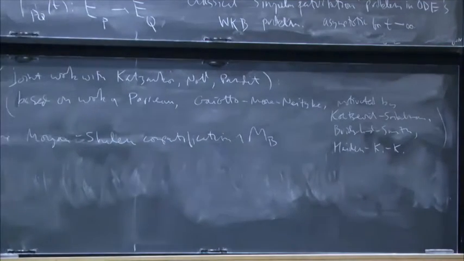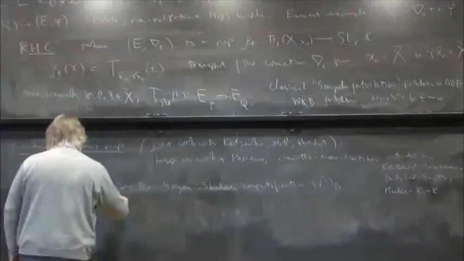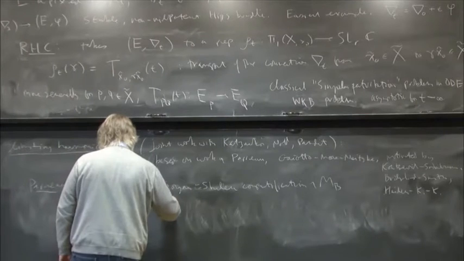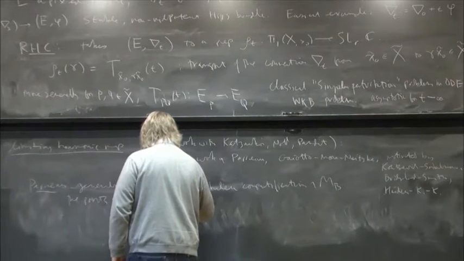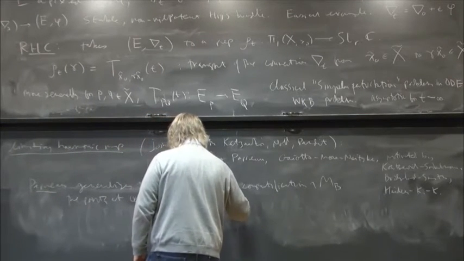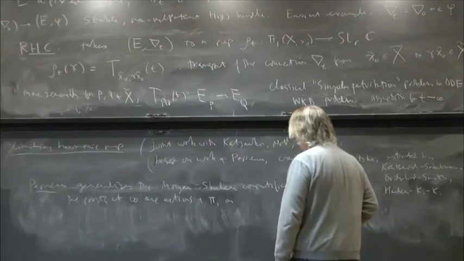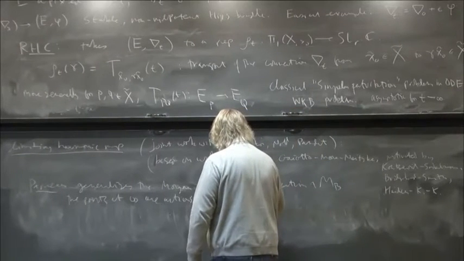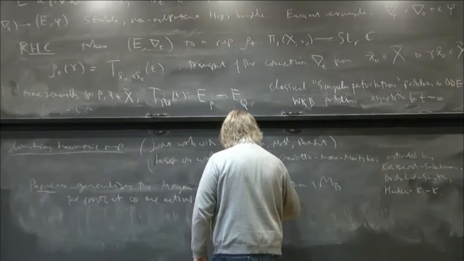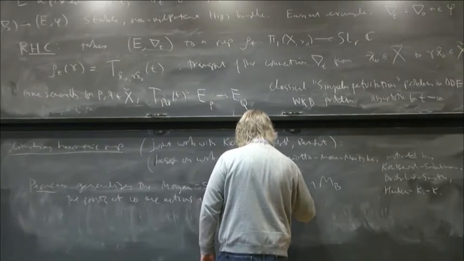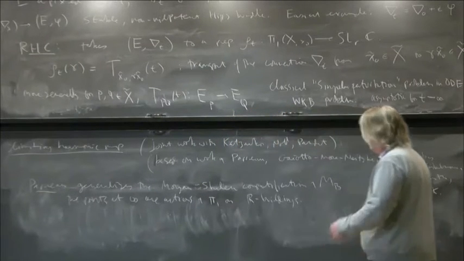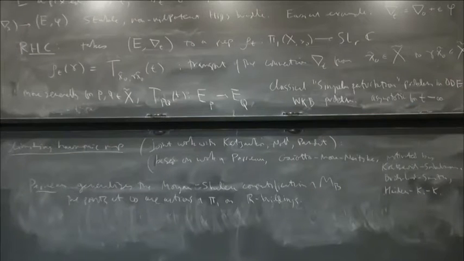And the points at infinity are actions of pi1 on R-buildings. This is in a heuristic or intuitive sense.